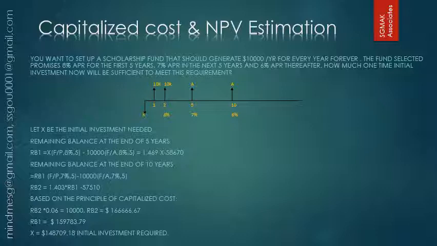Gives you a value for RB1, $159,783.79. And you solve back, the value of X is $148,709.18. So about $148,709 initial investment will be able to sustain the scholarship fund forever.